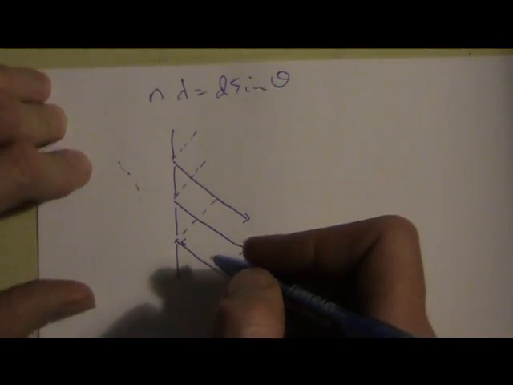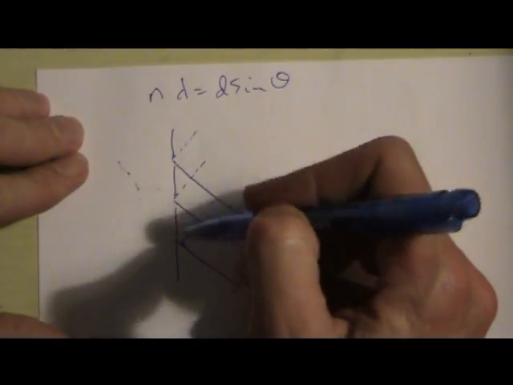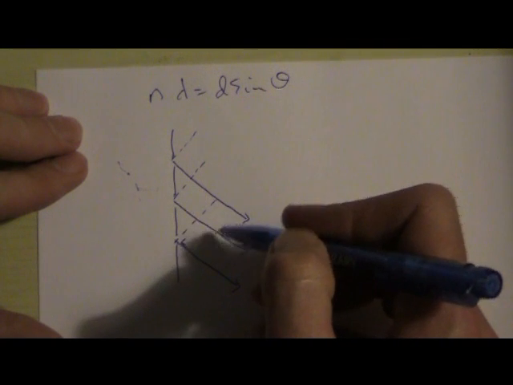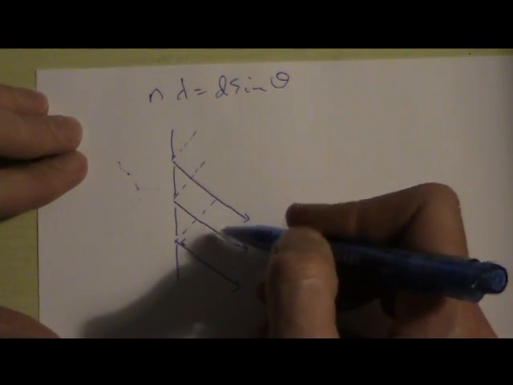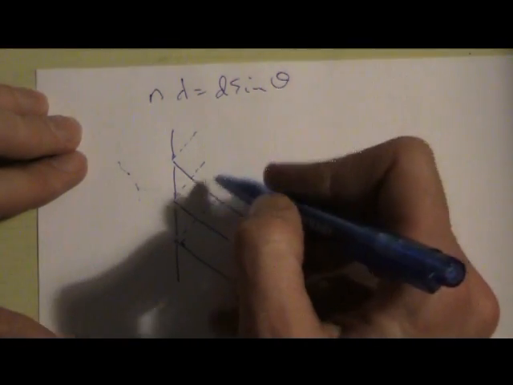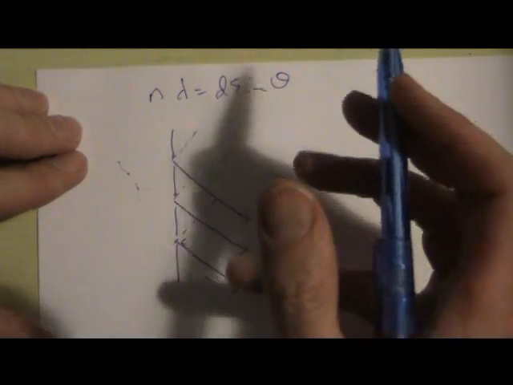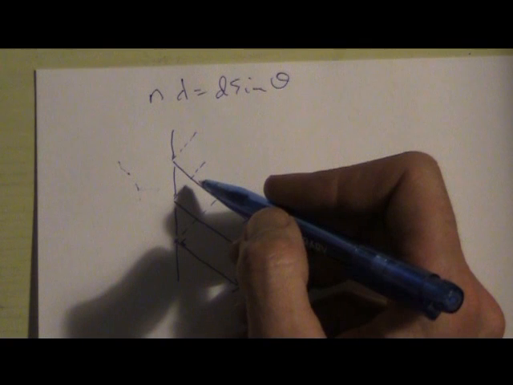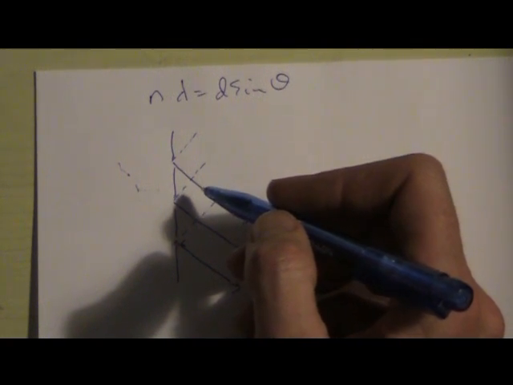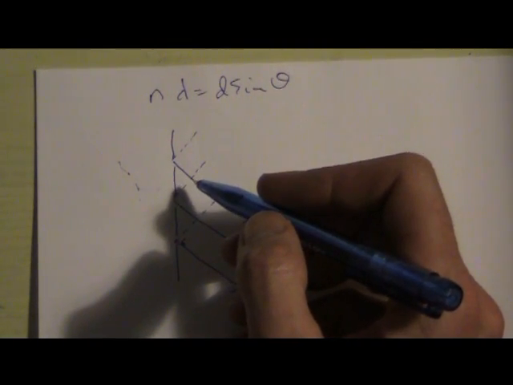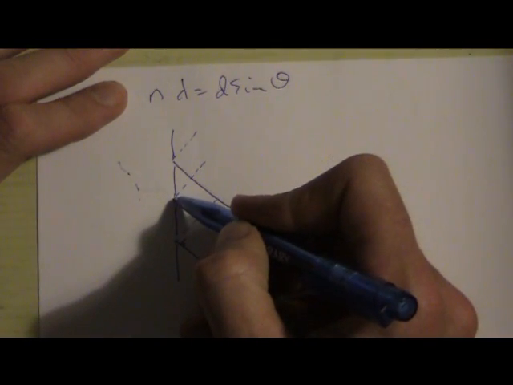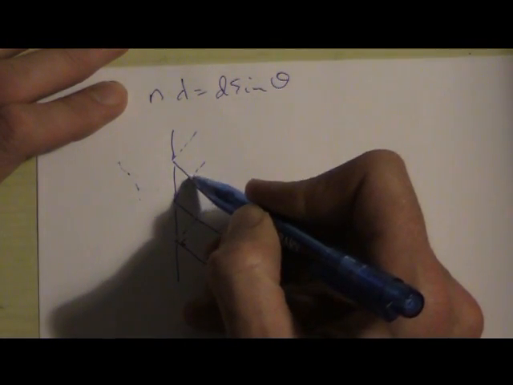Now remember, these gaps are really close to each other, so these waves are practically right on top of each other. If two waves are on top of each other, they can interfere either constructively or destructively. For constructive interference, you've got to have a peak and a peak, or a trough and a trough. So if you've got a peak here, the wave right beside it has also got to be a peak.